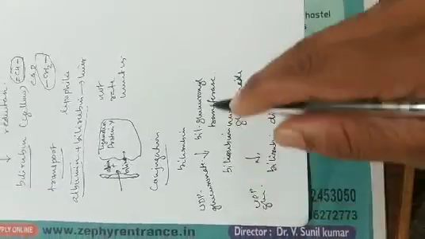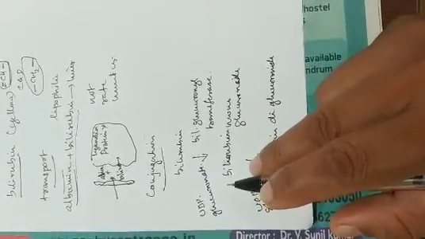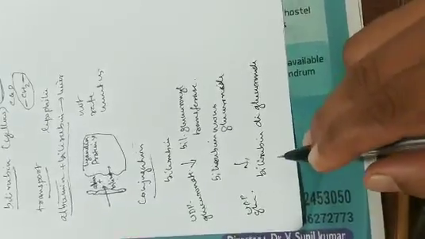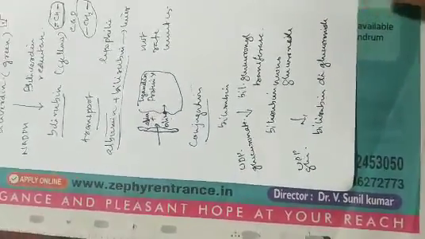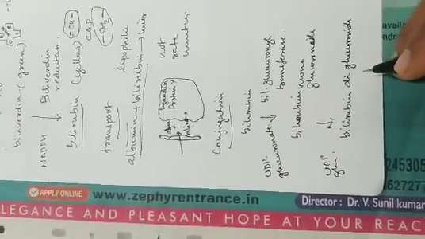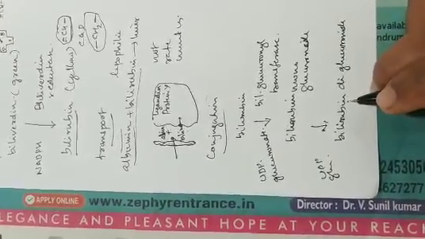And again with the same enzyme, it accepts another molecule of glucuronide from UDP glucuronide, forms bilirubin diglucuronide. It is a soluble form of bilirubin. That is conjugated form of bilirubin.